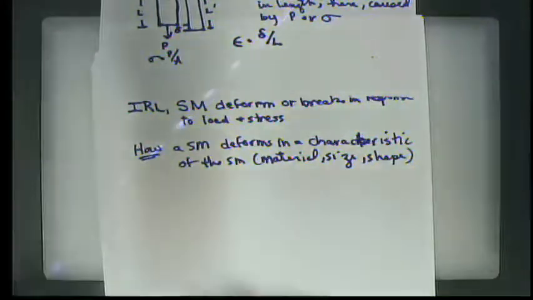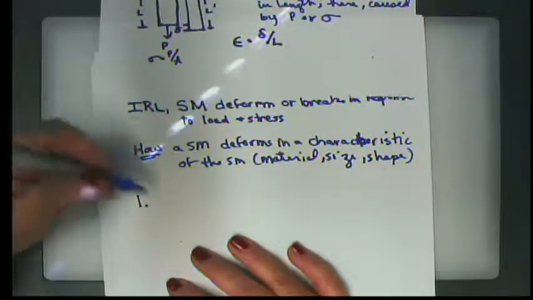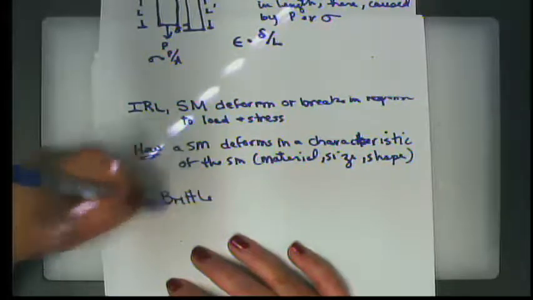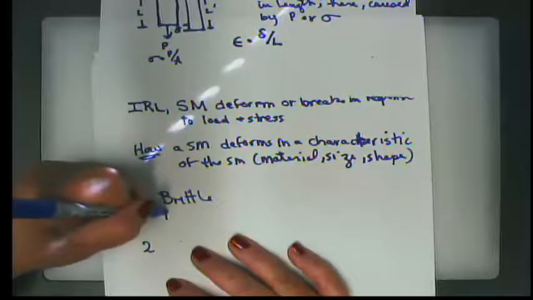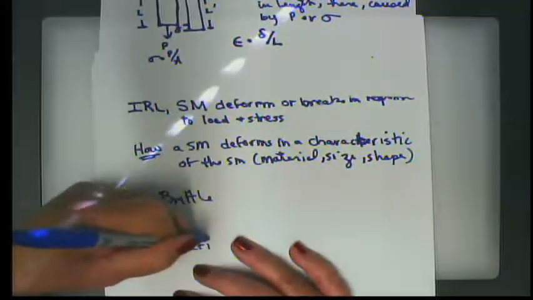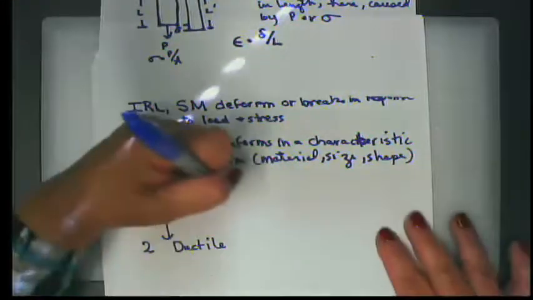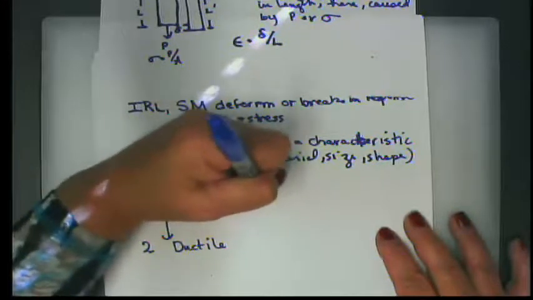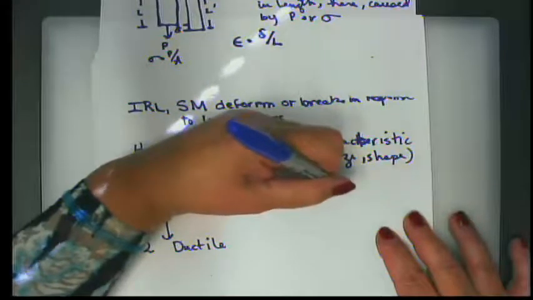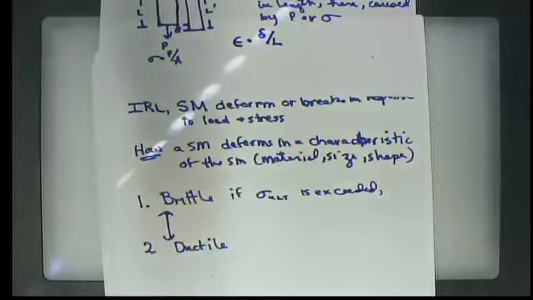So the first way that we classify a material is that it is either brittle or, this is a spectrum, it's not an either or sort of a thing, that it is ductile. And what brittle refers to is if sigma ultimate is exceeded, the material breaks.